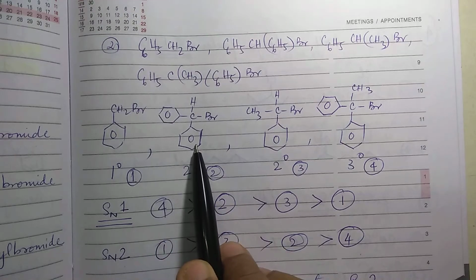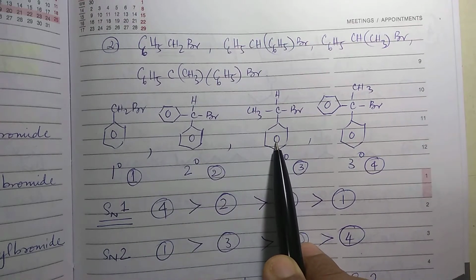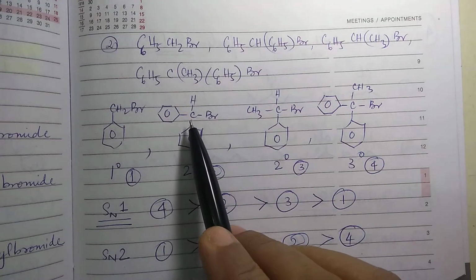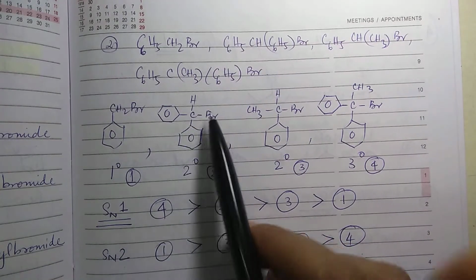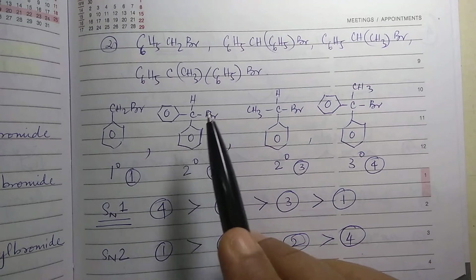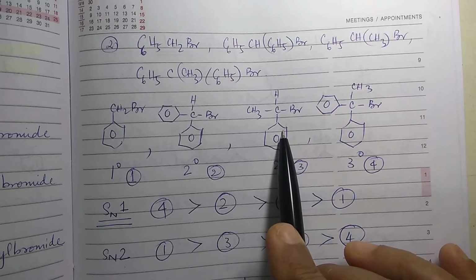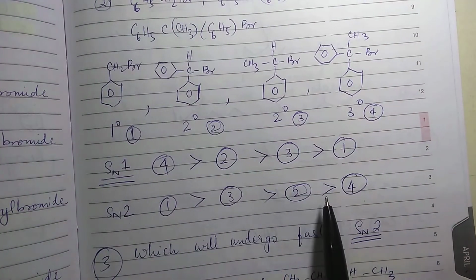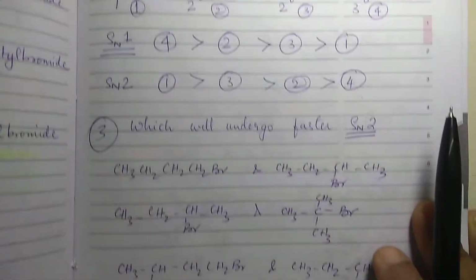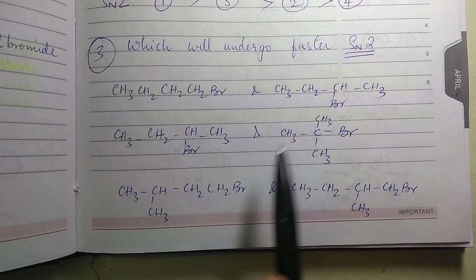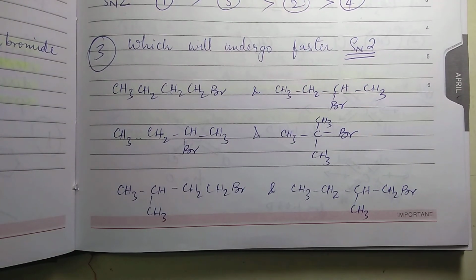But there are 2 benzene rings here, and here there is only 1 benzene ring. Where there are 2 benzene rings, there is more resonance stabilization. Because of resonance stabilization, carbocation stability is higher, and so SN1 reactivity is higher in this one. Okay? Based on that I have given you the order. Go through it. Then which will undergo faster SN2? Again the same way. This you can try and do yourself.